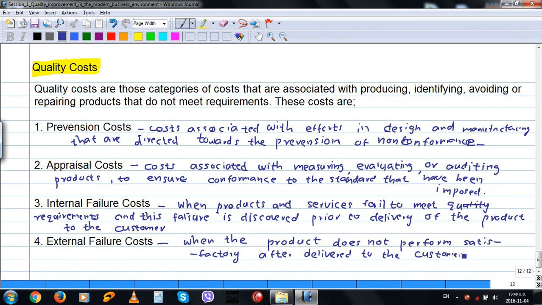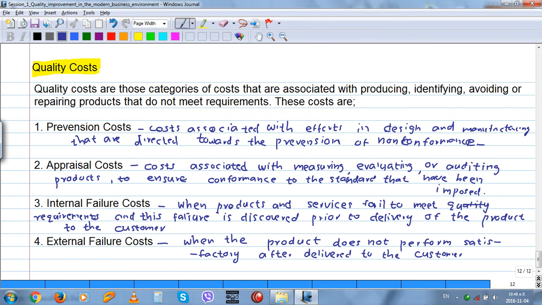This is about the financial control in business management. Those things belong to the first lesson on quality improvement in the modern business environment. I think you can understand somewhat about lesson 1.